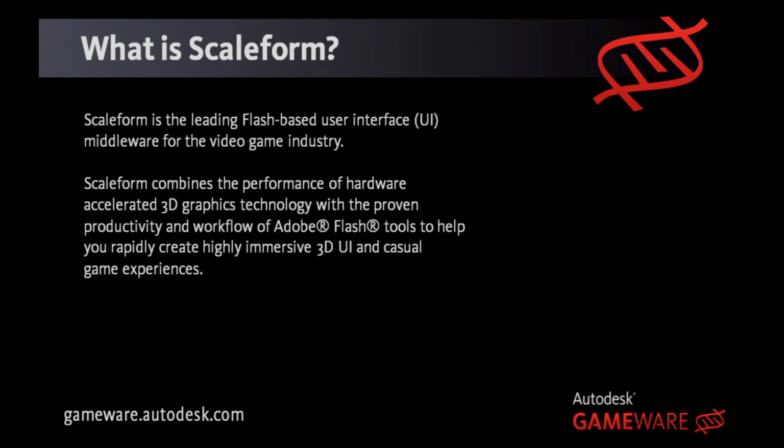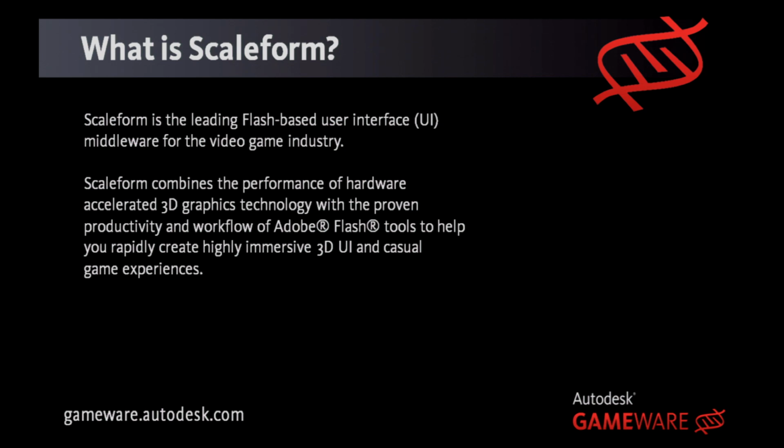Scaleform provides a hardware-accelerated Flash player, essentially. If you're familiar with Flash, it's a 2D software player, mostly used for web applications in the past. So Scaleform basically built our own Flash player that's hardware-accelerated. And what we do is we take that 2D UI content and we tessellate it onto triangles, essentially, and turn it into 3D content.